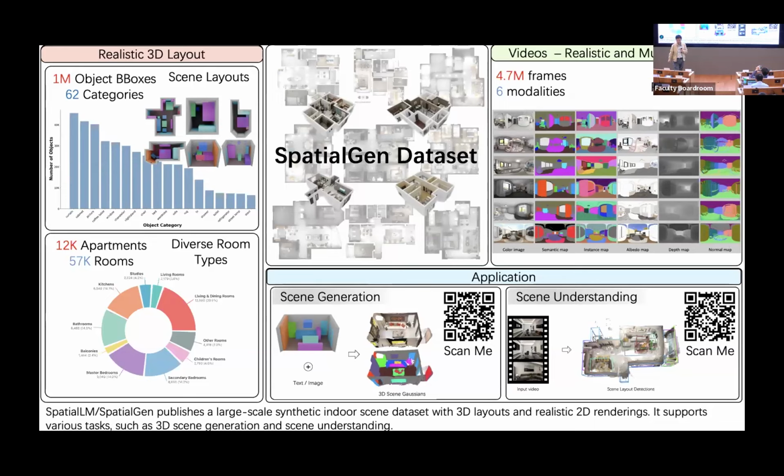But in this work, we published 57K rooms with all kinds of annotations, including depth images, object segmentation, 3D bounding boxes, and so on. So I think this dataset could be very useful. The first work, SpatialLM, has just been accepted at NeurIPS, and SpatialGen is still under review at this stage.